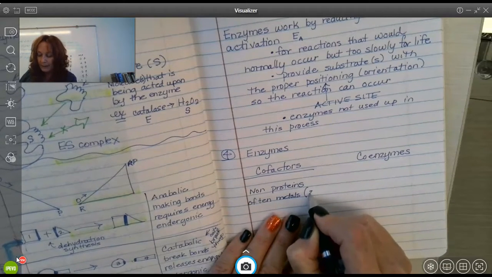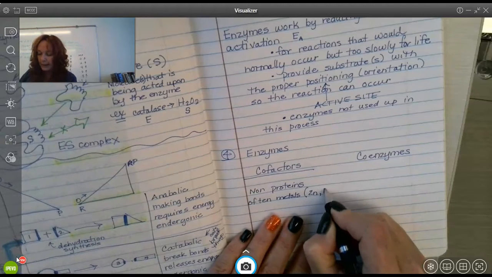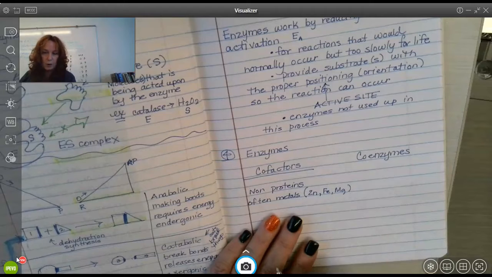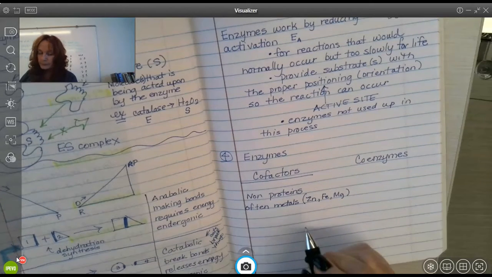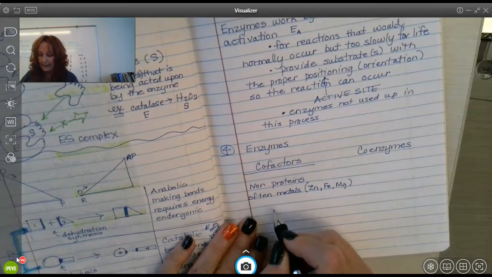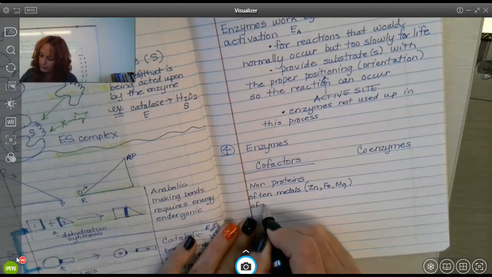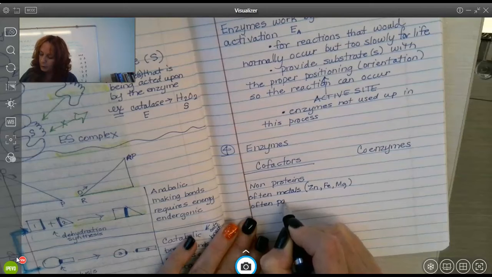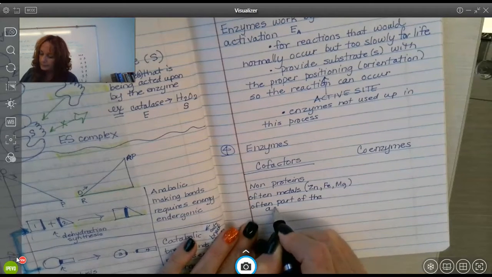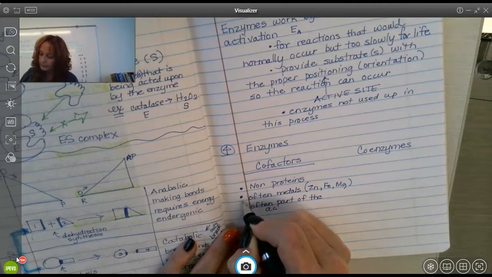And you might have things like zinc, iron, magnesium. Those are super common. And what they do is they're often part of the active site.